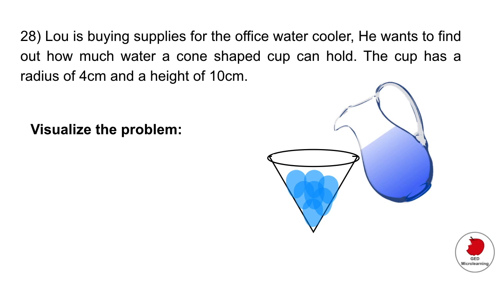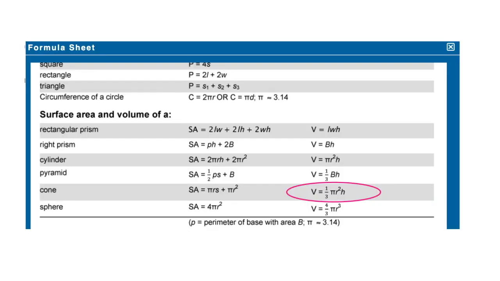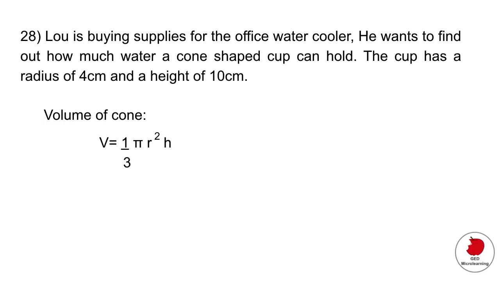If you look again at your formula sheet, it gives you the formulas to find the surface area or the volume. So that's the equation for the volume of a cone. Now all you have to do is plug in the values from the question. The volume is equal to 1/3 multiplied by pi multiplied by r squared h.